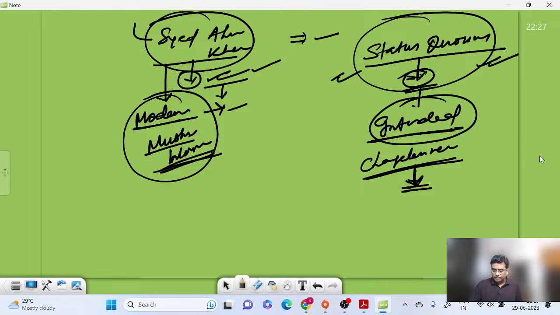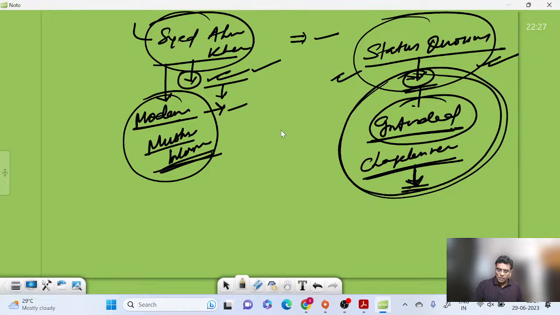That idea was very much inspired by Aristotle. So these are the things, then how to tackle the questions and then the content that you have to write.